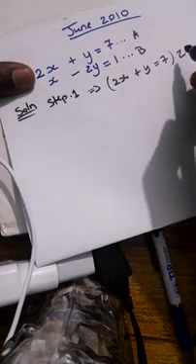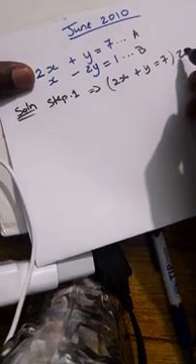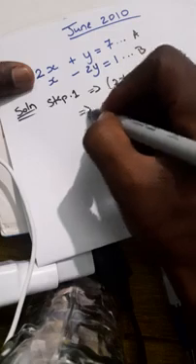Multiply this by 2. Remember, we do this in a preliminary round. That's why we did it. 2 times 2 is 4x. Plus 2 times y is 2y equal 2 times 7, 14.